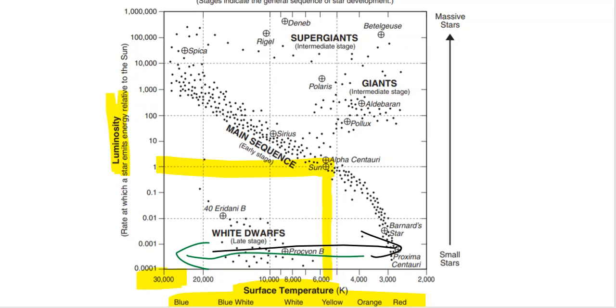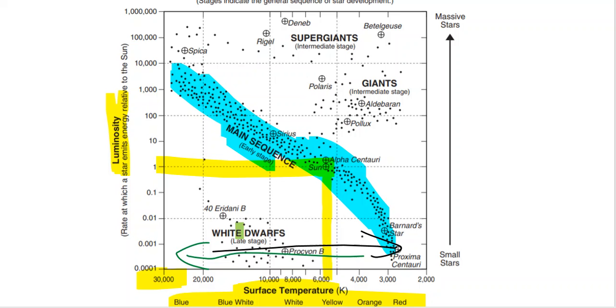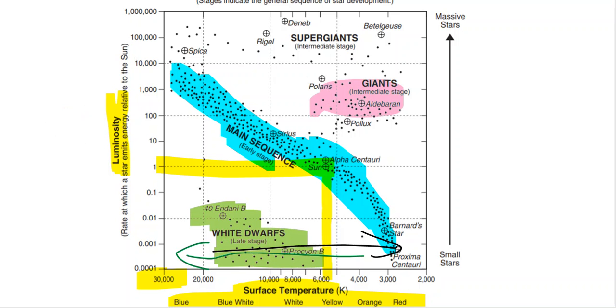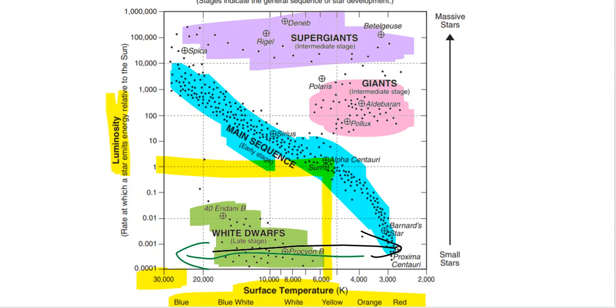You'll also see that there are different groups of stars. There's this main sequence, and that refers to these stars in the middle. That's like the normal place that a star ends up. We can also see these white dwarfs down here, and our giants, which are here, and then in addition we have our supergiants all the way up top.